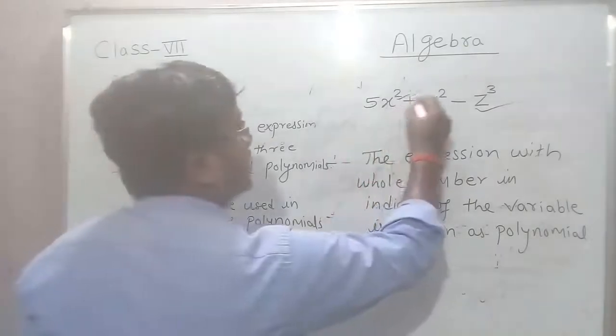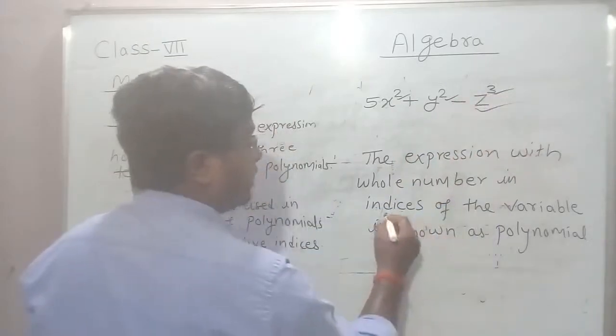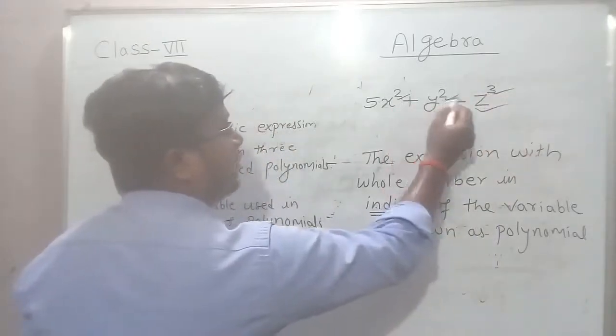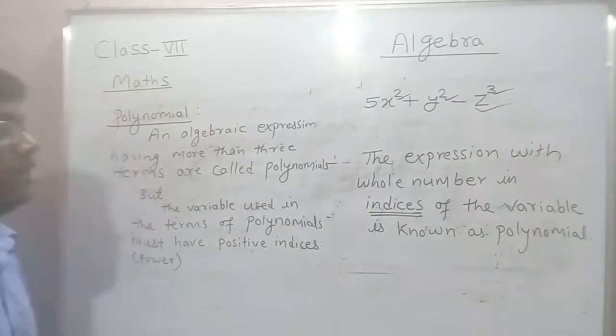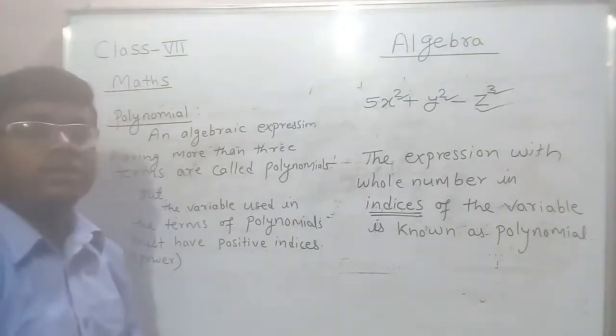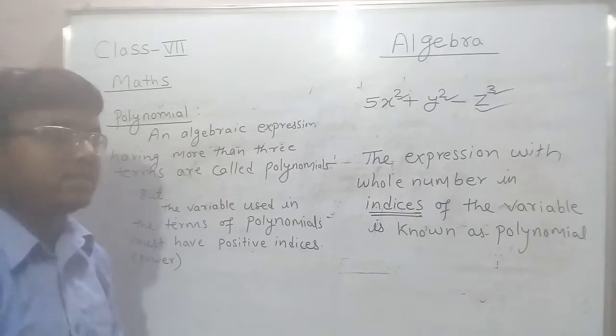The power used here, this is the indices. It must be a whole number, then only we call that a polynomial.